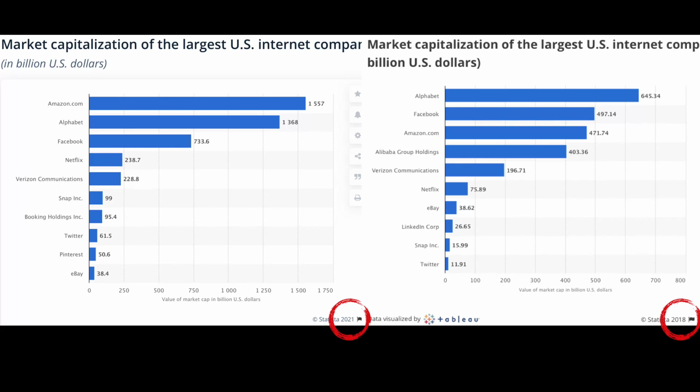But if we look further, we can see that since 2018 the tech companies have really flourished. This is to 2021, and we can see that Amazon has nearly tripled its market capitalization. Alphabet is doing fine, nearly two times as much, and Facebook isn't doing bad either.